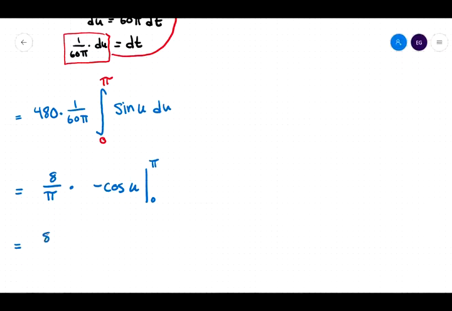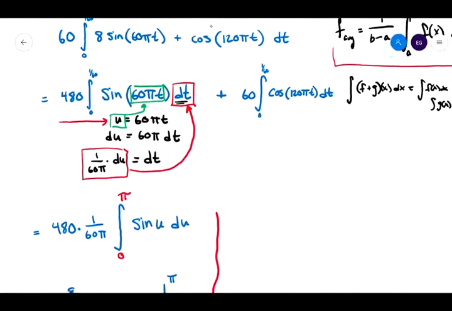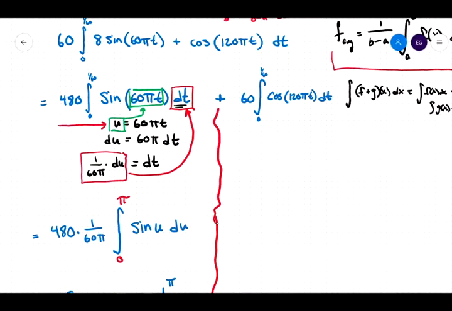So we have 8 over pi times the negative cosine of pi, which is negative negative 1, so that's a 1, minus negative cosine of 0, which is minus a negative 1, so 1 plus 1, which is 2. So we have 8 over pi times 2, or 16 over pi. Okay, so remember, that's half of our problem.